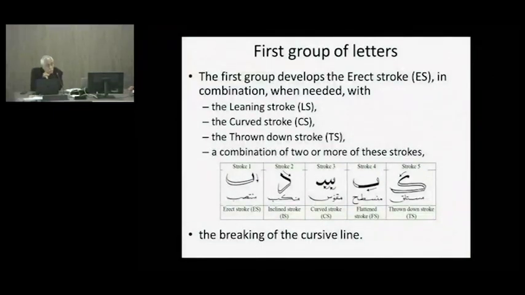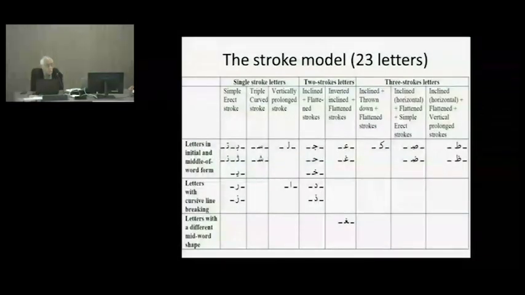The first group of letters will use the stroke: leaning stroke, curved stroke, thrown down stroke, and a combination of two or more. So I just recall what we had. So this is the model. It covers 23 letters out of 28. Well, the 29th I put aside.